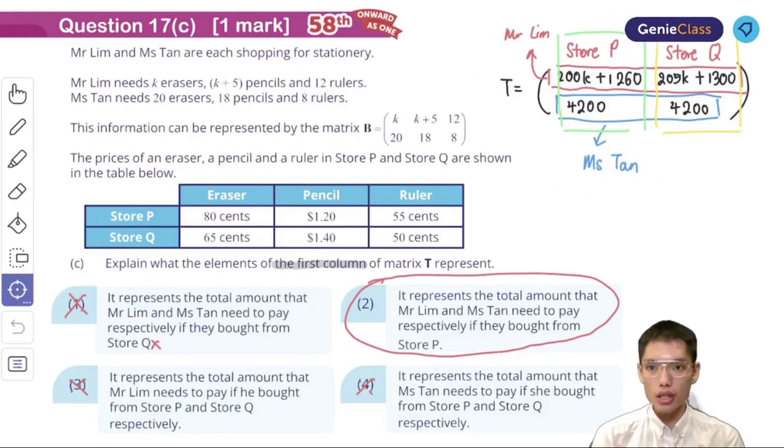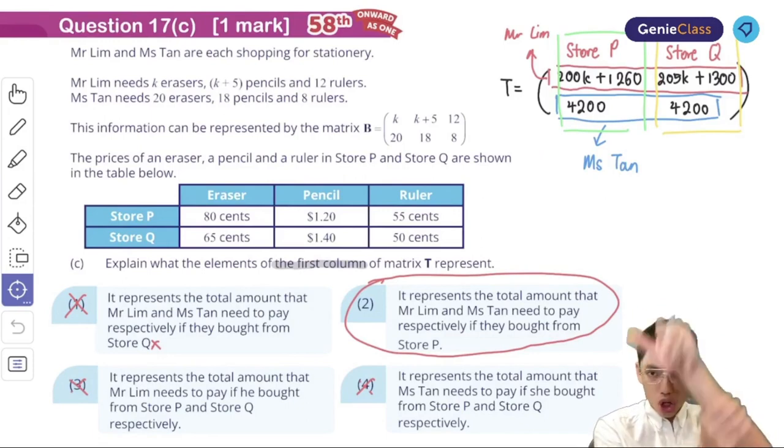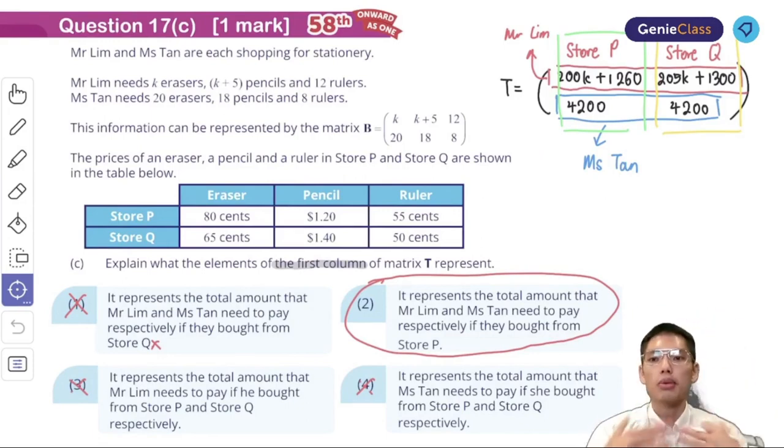So moral of the story is, when you multiply out, try to see what each row and each column represent when it comes to real context for multiplying matrices. If it's unclear, at the end Q&A, feel free to ask me again.